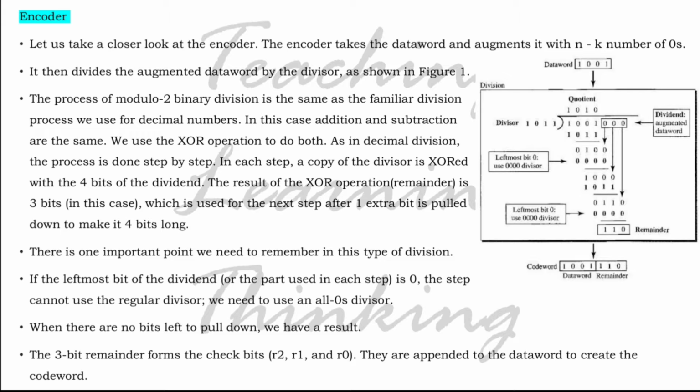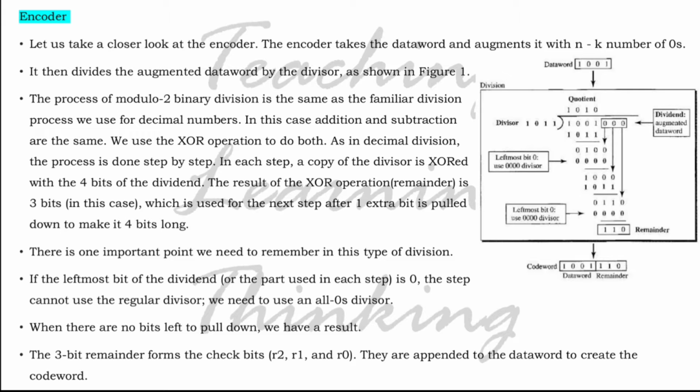The process of modulo 2 binary division is the same as the familiar division process that we use in decimal numbers. In this case, addition and subtraction are the same, so we use the XOR operation to do both.